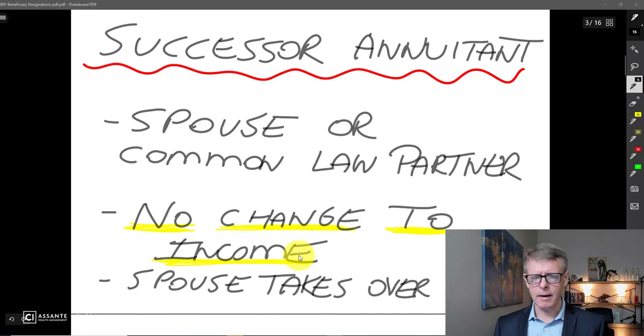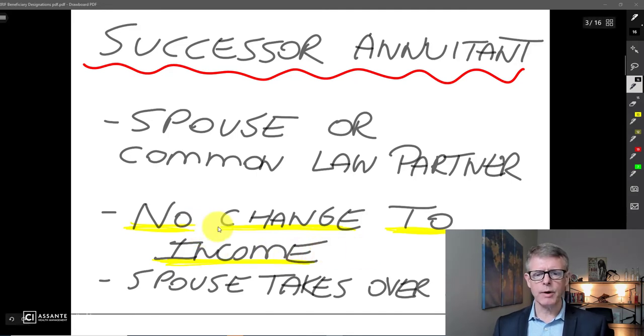There's no probating of the account. It's a very seamless process. And typically with all these changes with your financial institution, if there's a beneficiary designation or successor annuitant or successor on the account, usually what's required is simply a notarized copy of a death certificate, notarized copy of a will, and for the most part it's a pretty quick process.